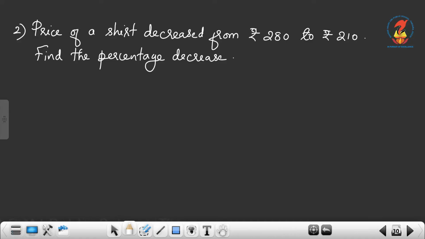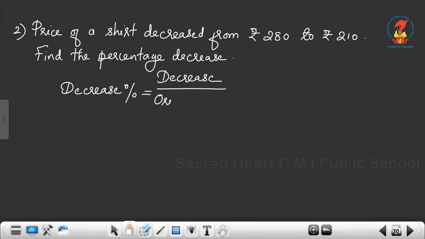Now, another example. Price of a shirt decreased from rupees 280 to rupees 210. Find the percentage decrease. Here you have to find the decrease percent. Decrease percent is equal to decrease divided by original value into 100, and put the percentage symbol.